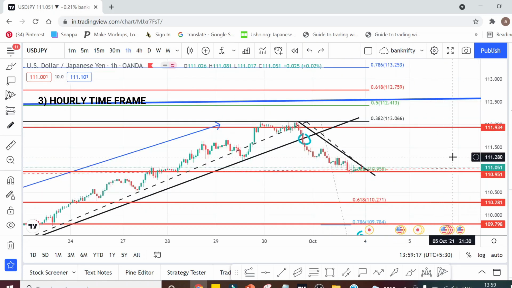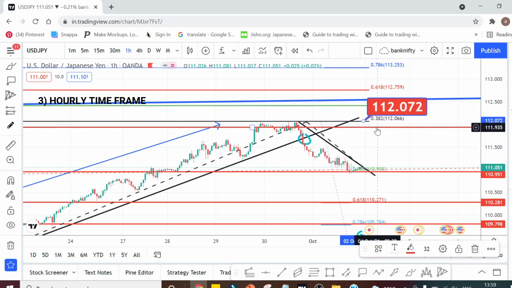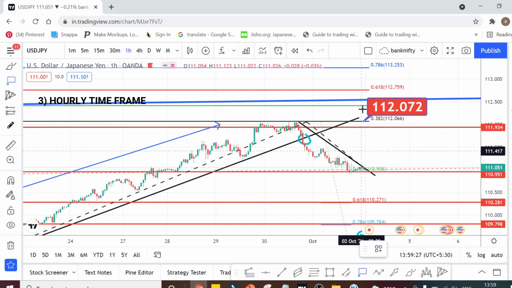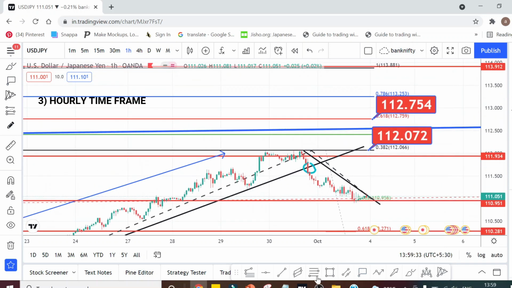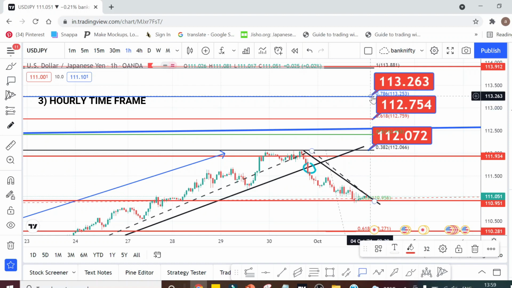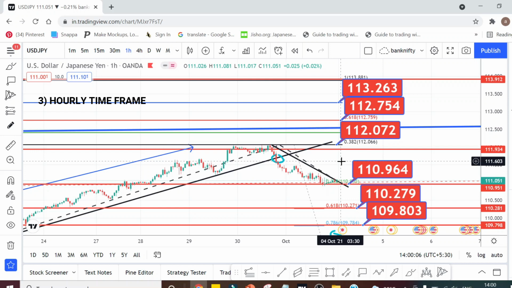The target on the upside is going to be 112.072. Next target is going to be 112.754, and the next target is going to be 113.263.